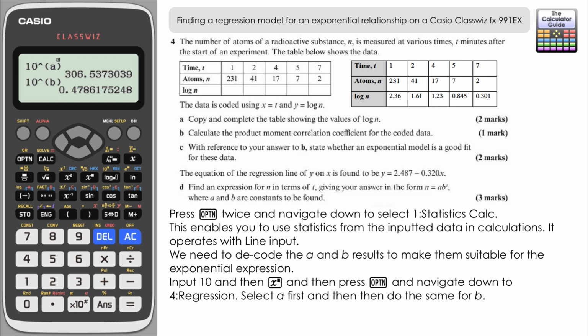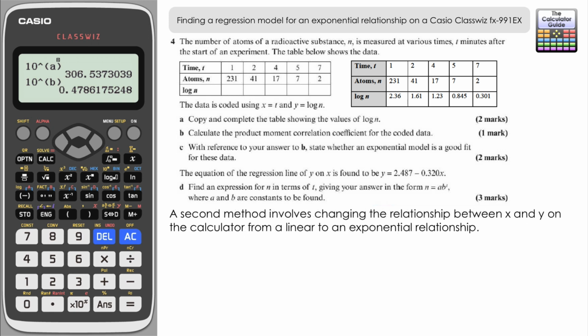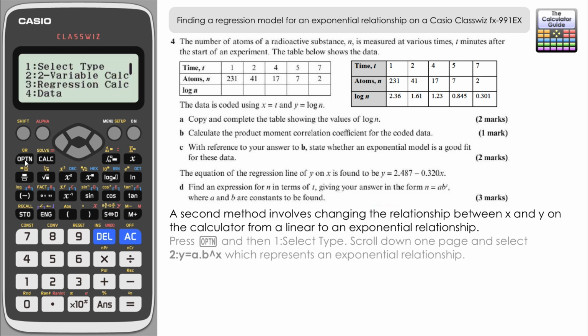Now there is a second way to find these values, and it's a great way of being able to check that we've converted this correctly. What we need to do is change the relationship that's put in the calculator between X and Y. So if we press Option and 1 for select type, remember initially we chose 2 for the linear relationship. That was the relationship between X and Y, so between t and the coded data log n.